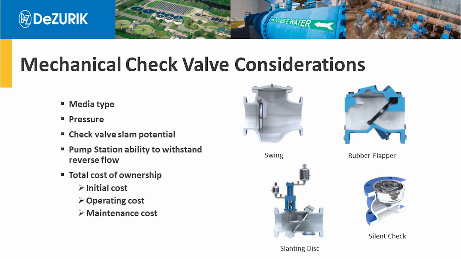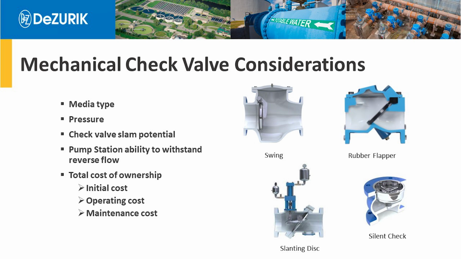So the next step in the decision process is, with our mechanical check valves, what type of check valve do we select? There are so many different types out there on the marketplace. This slide shows your AWWA swing check, a rubber flapper check, slanting disc check. We have a center guided disc check valve here.